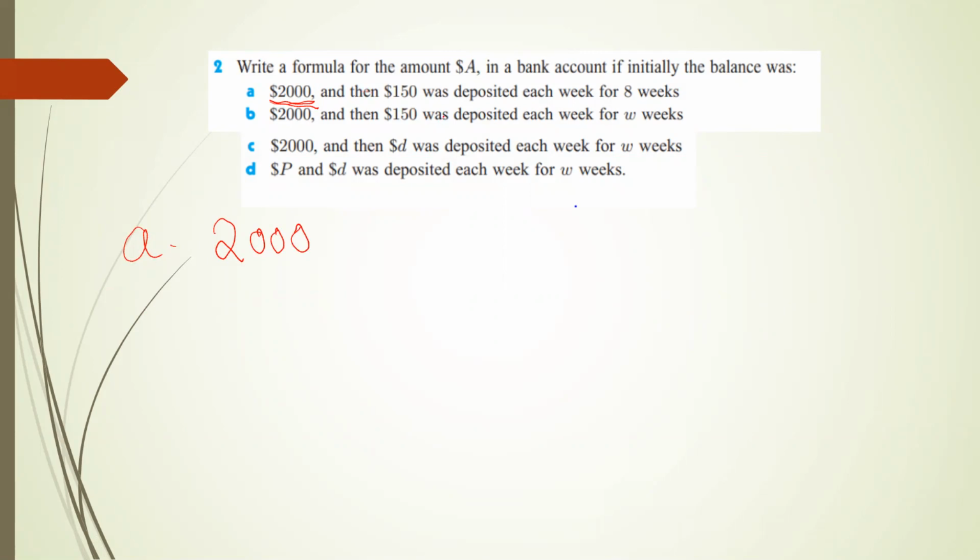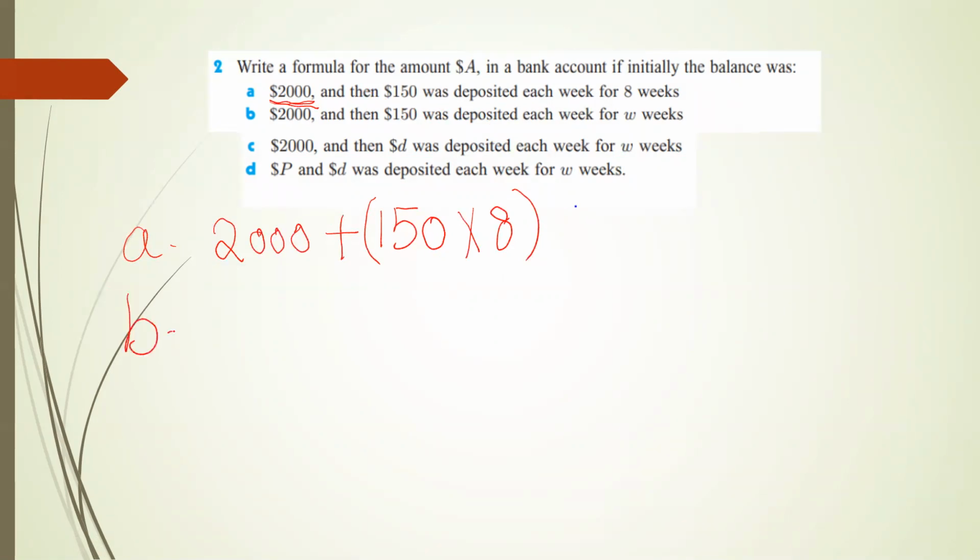And then 150 was deposited each week for 8 weeks. So after the initial amount, 150 will be deposited each week. For how many weeks? For 8 weeks. So that is the numerical formula for A.